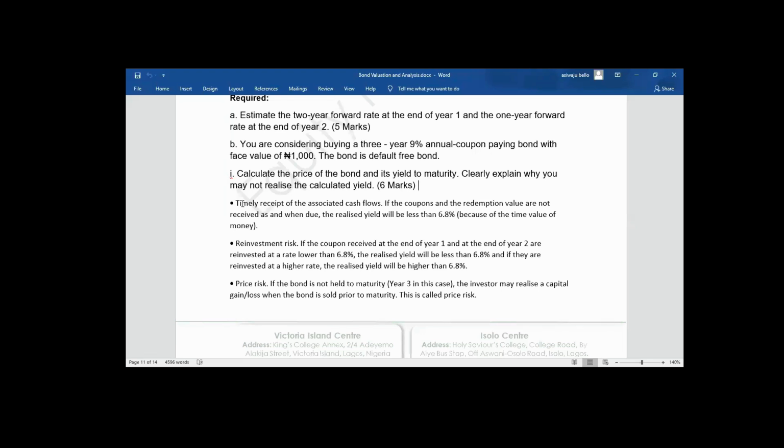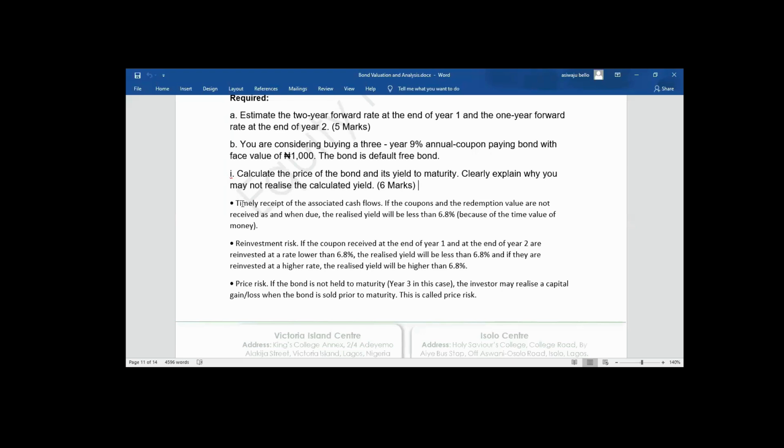If the coupons and the redemption value are not received as and when due, the realized yield will be less than 6.83% because of the time value of money.